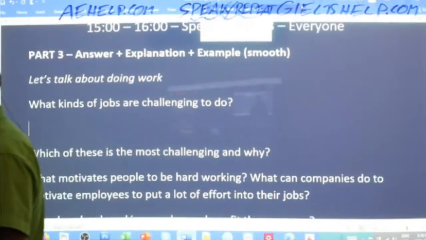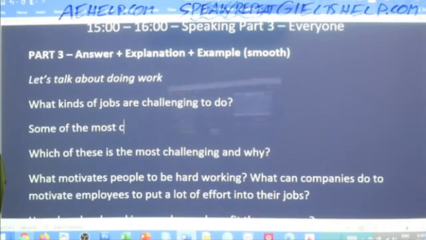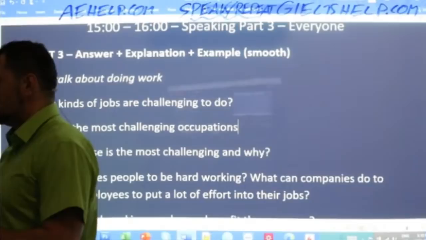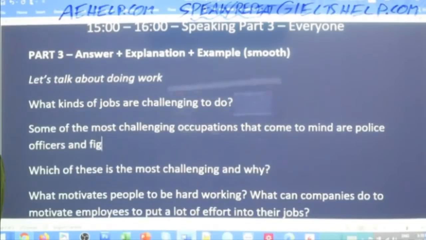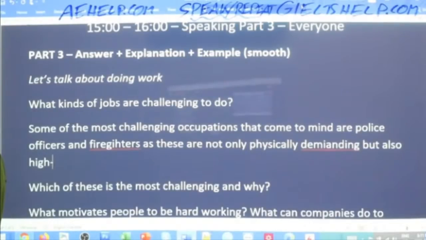I'm going to give an answer. So, some of the most challenging occupations. That was a nice paraphrase for those of you that used the word occupations instead of jobs. So some of the most challenging occupations that come to mind are police officers and firefighters, as these are not only physically demanding, but also high stress situations.